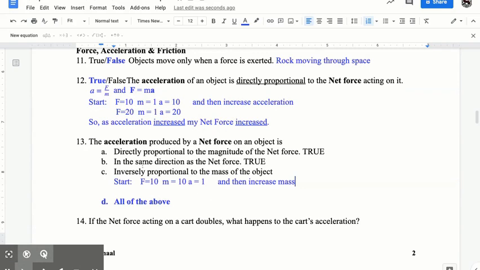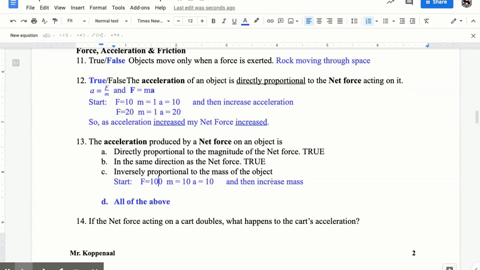Excuse me, I need to go back on that. This question is asking you to compare acceleration compared to mass. So I want to keep acceleration, and so I'm going to make up a different acceleration. I'll say the mass is 10 and acceleration is 10. Who cares? I'm just making it up. But that means that the force is going to be 100.